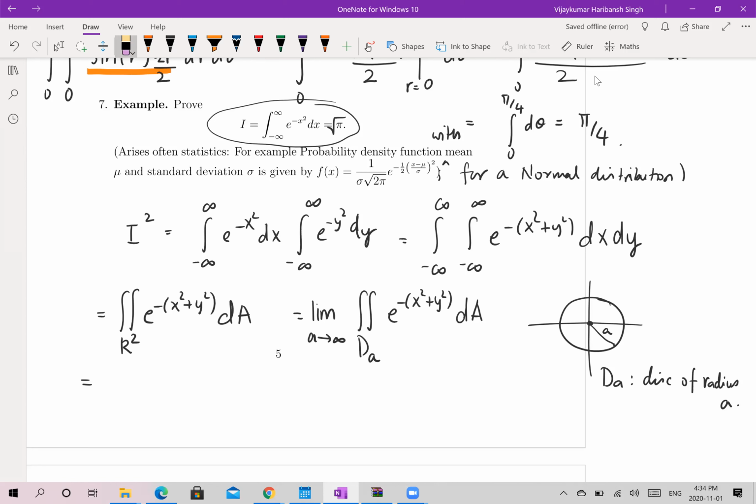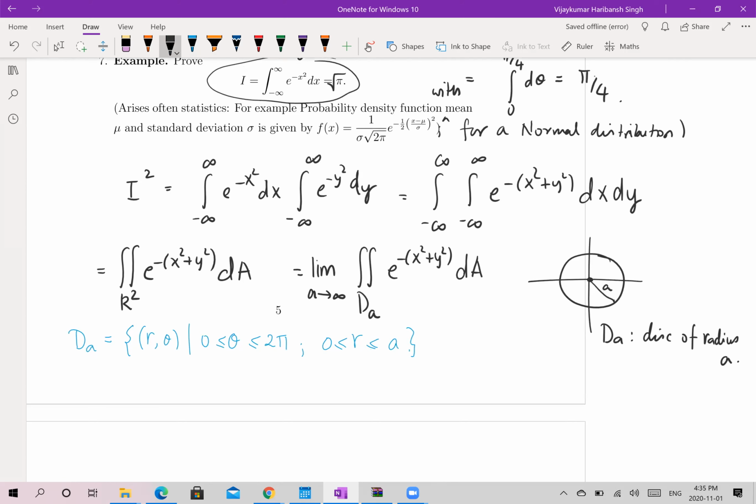Now in this case x square plus y square is r square. So your dA can be thought of as the following region: r, theta, where theta goes from 0 to 2 pi, but your r is between 0 and A.